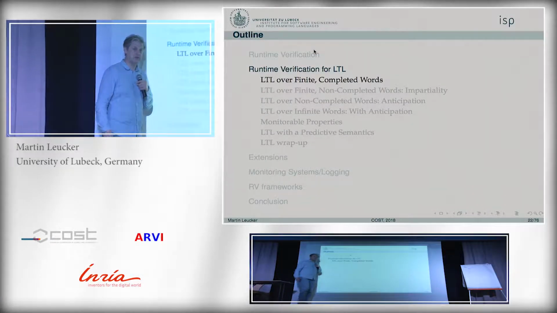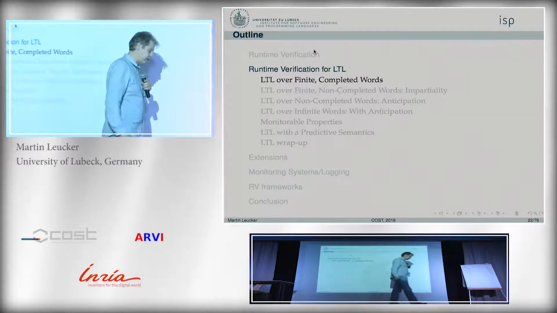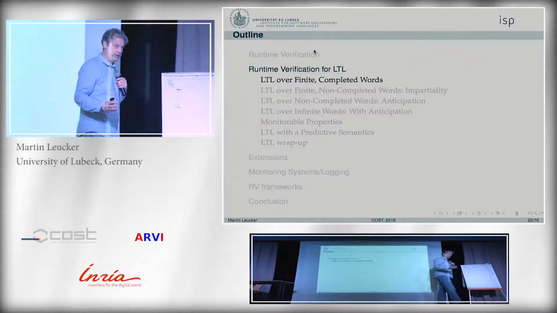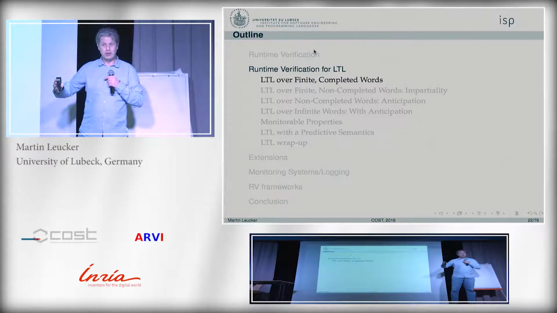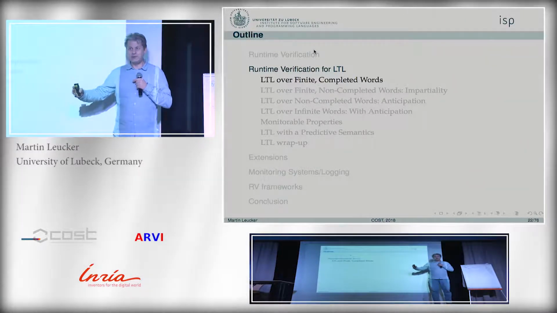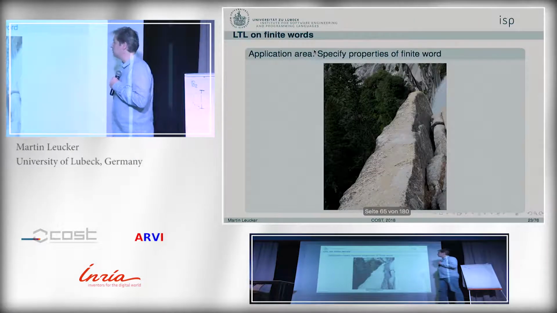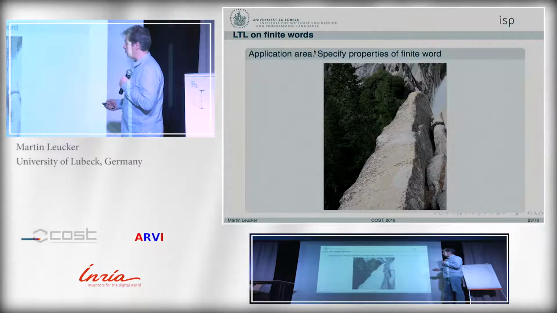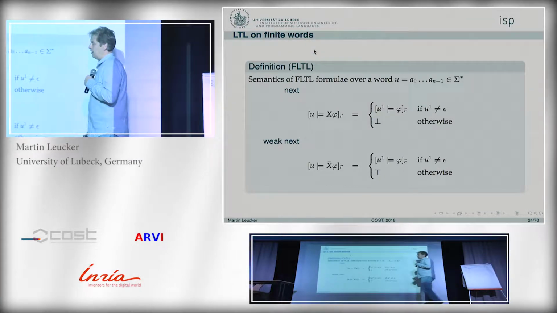The first case is a simple case. We have a program that is intended to compute a function, and it's intended to terminate. So we have a finite run. We start the procedure, it terminates. So given a specification along the computation, at the end we should be able to say true or false. So we have a finite word, and here is a dead end, and we have to say true or false.